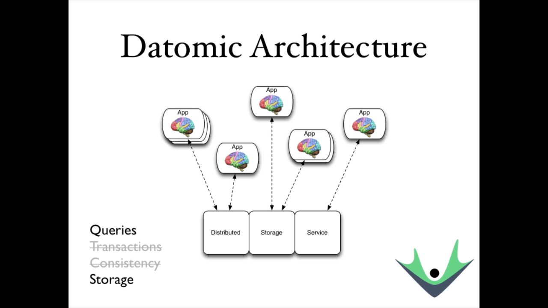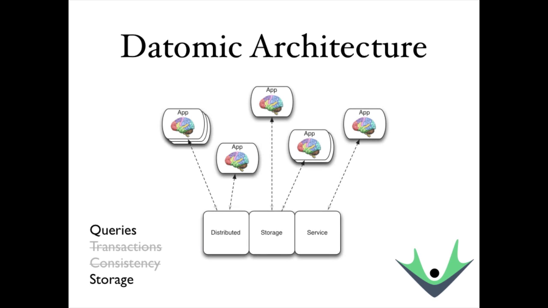Obviously, the first part of a brain would be the query engine. But in the end, this doesn't recover all of the power of the database, because if every application is able to interact and store against the storage service independently, there's no way to make that consistent or transactional. And for the kinds of systems that we're targeting with Datomic, we value both consistency and transactions. We want to recover them.